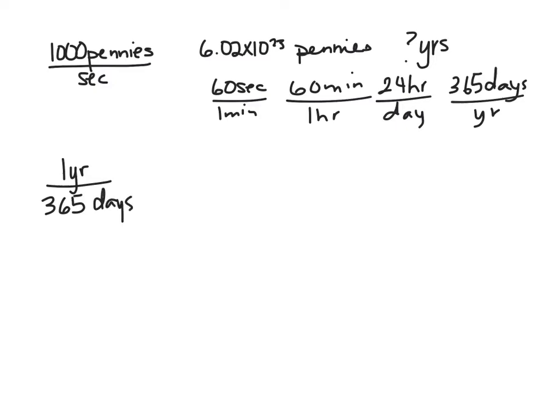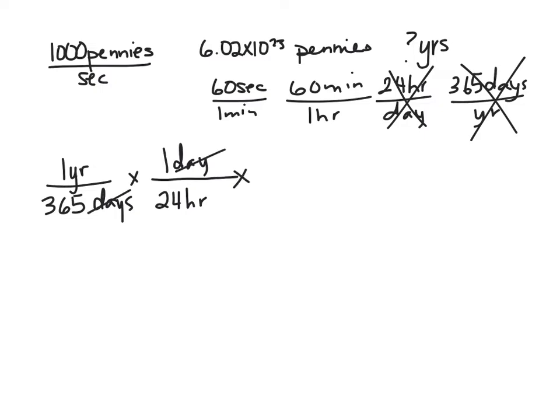So 1 year over 365 days. That ratio is used. Now, the next ratio has to have days in it, and days has to be on top. So 1 day contains 24 hours. That unit's gone. That ratio's gone. Okay, so days are canceled.